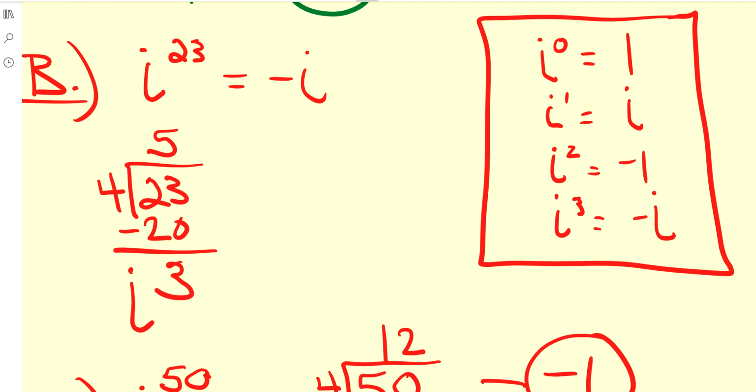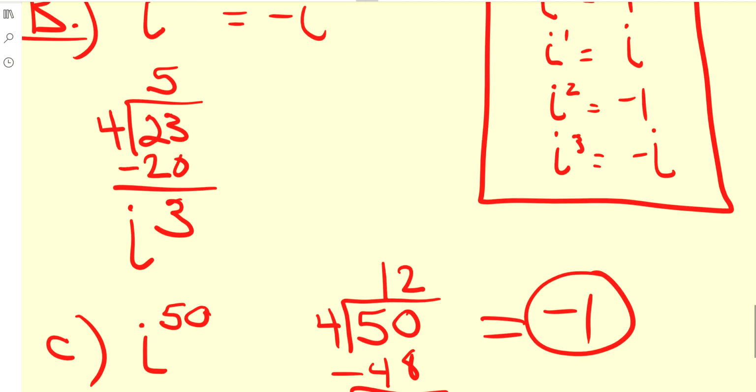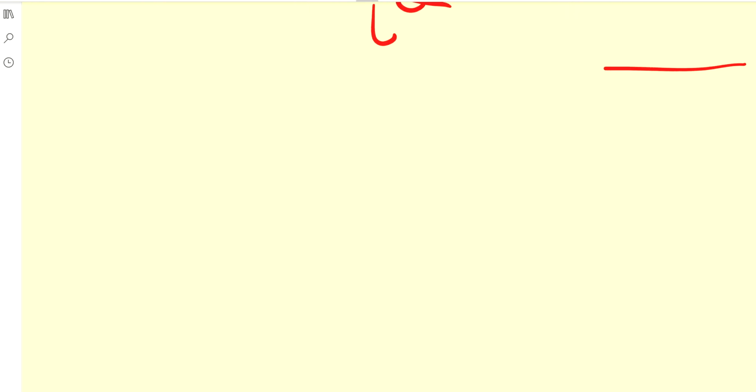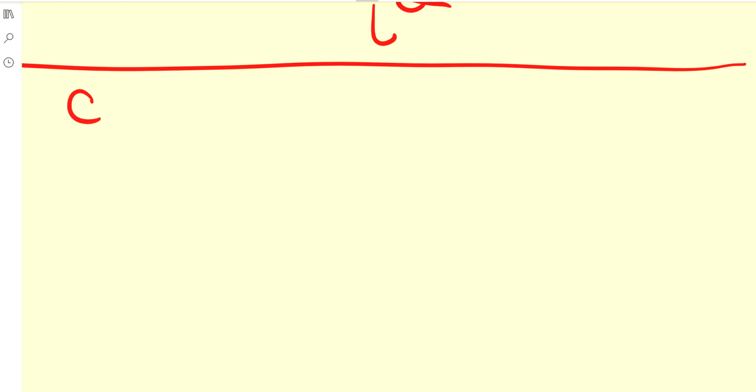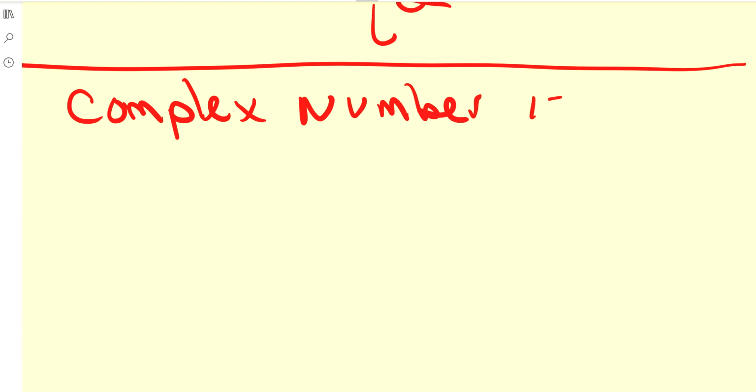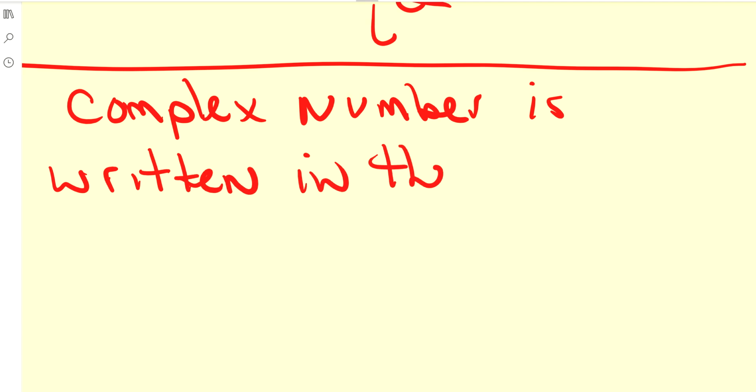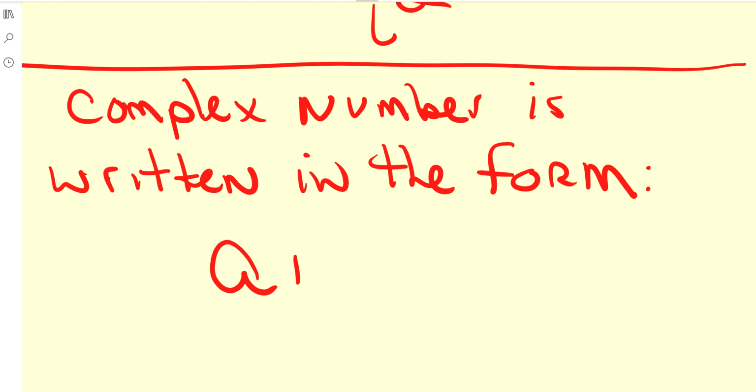All right, our next task here is, I got a definition about a complex number. A complex number is written in the form a plus bi.